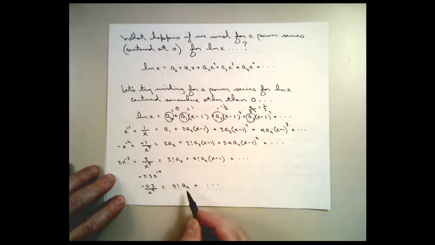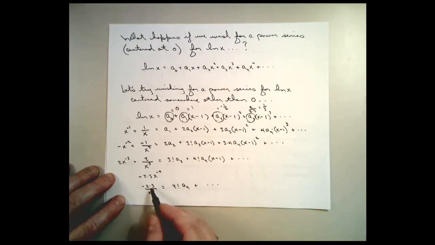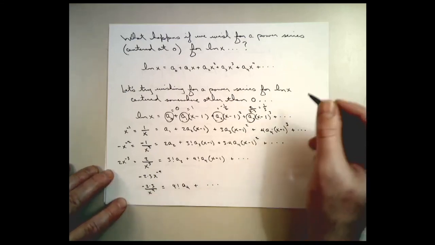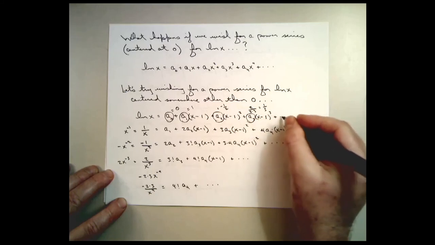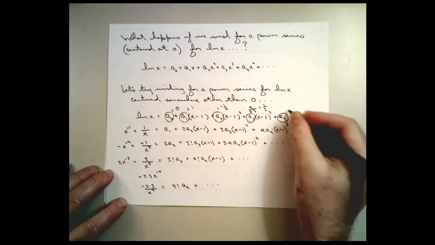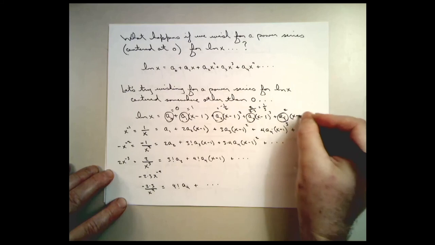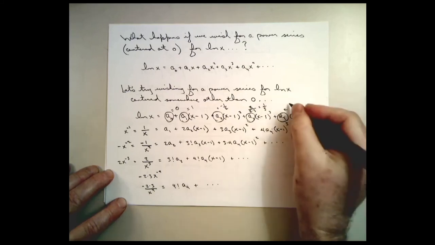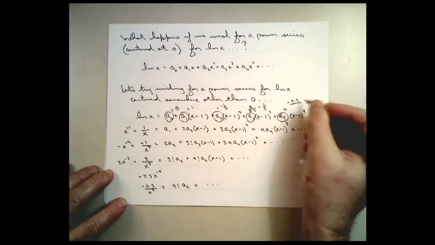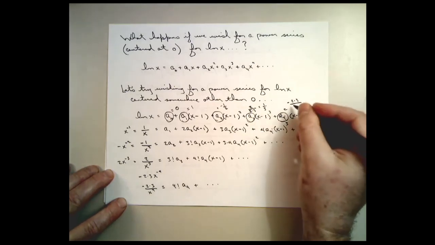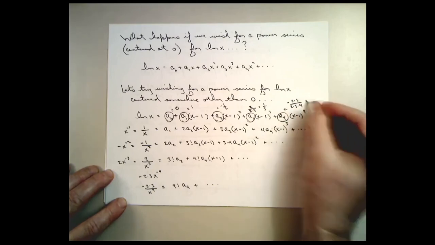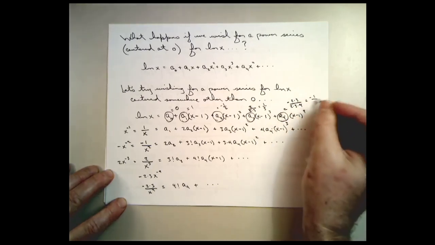And so to get a sub 4, everything over here is going to go away whenever x is 1. But whenever x is 1 over here, I've got negative 2 times 3. So a sub 4 is going to turn out to be negative 2 times 3 over 4 factorial. What's 4 factorial? That's 2 times 3 times 4. So everything's going to go away together except the negative 1/4.